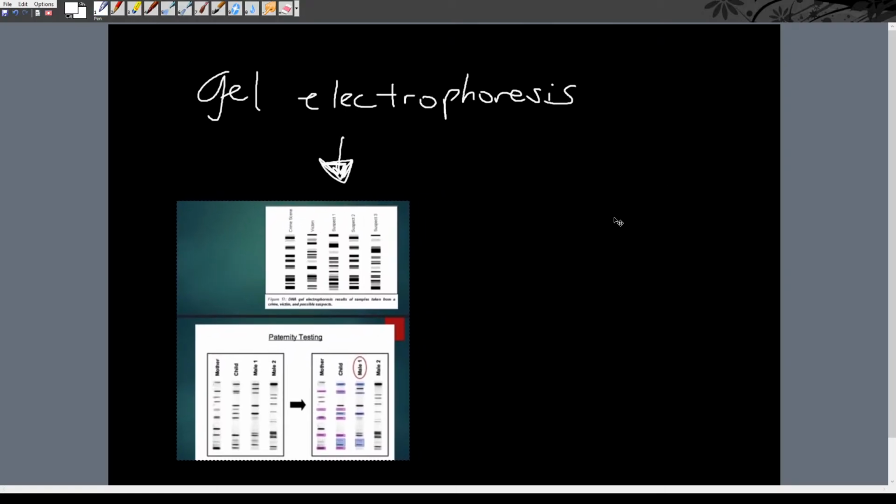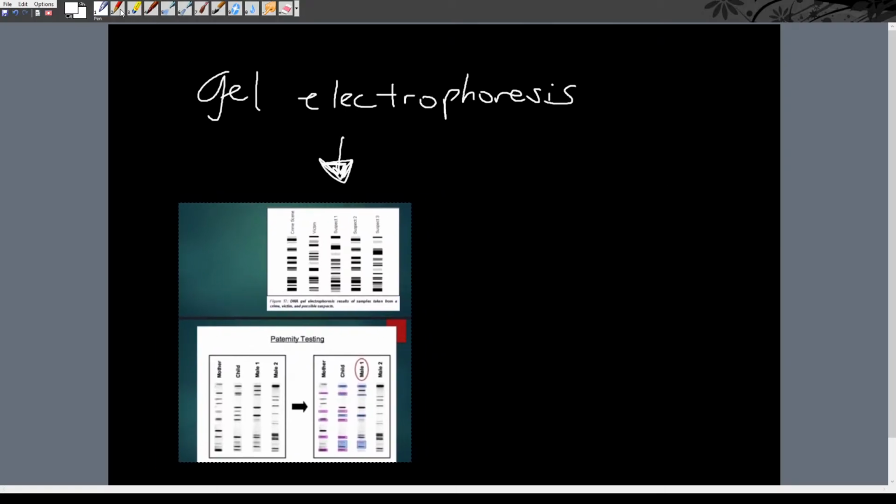So really your clue here is looking at who matches a specific DNA sequence that you're looking for, right? And it just helps you narrow down and isolate specific types of DNA, right?